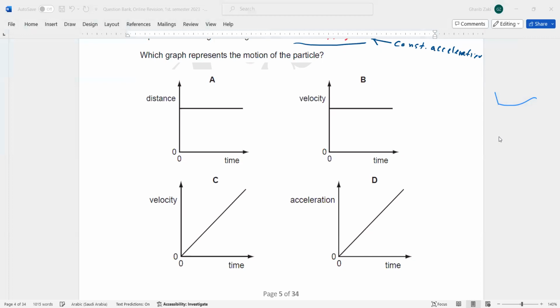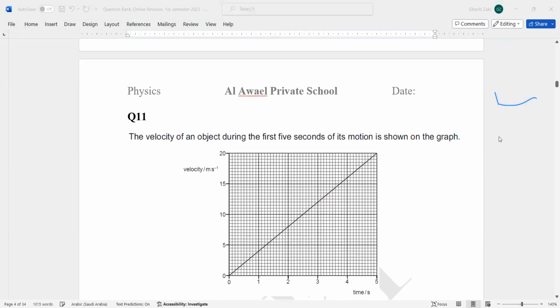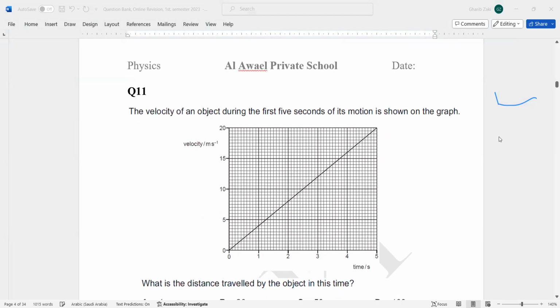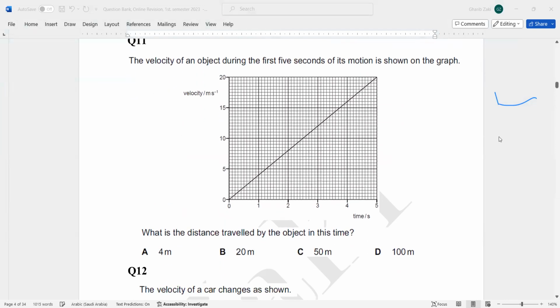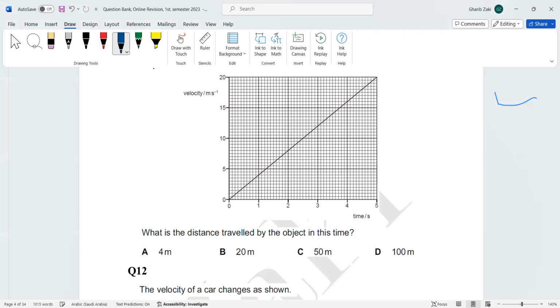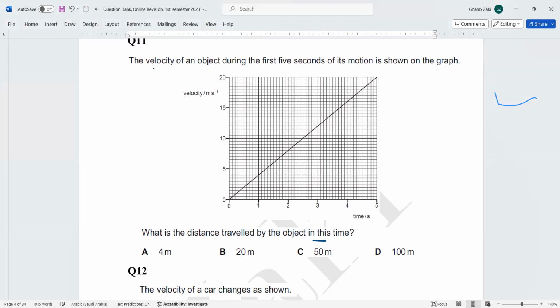Now, question number 11. He said, the velocity of an object during the first 5 seconds of its motion is shown on the graph. What is the distance traveled by the object? The distance is the area under the graph. So displacement equals the area under the graph.